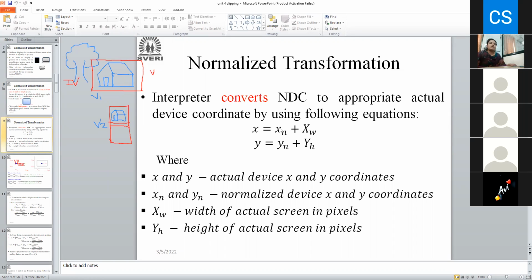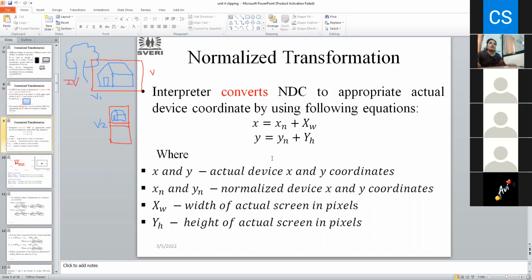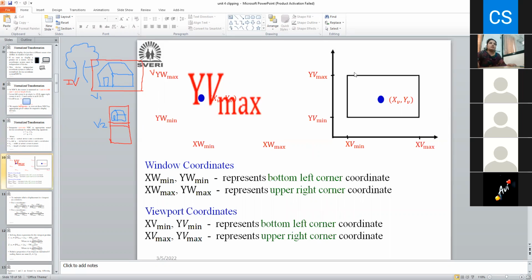So normalized pixels plus the width of the actual screen are added to get the actual device x value. Similarly, to get the actual device y value, we add the normalized y value plus the height of the actual screen. When I use these formulas, I can convert the picture into the world, that is, the viewport or window coordinate system.